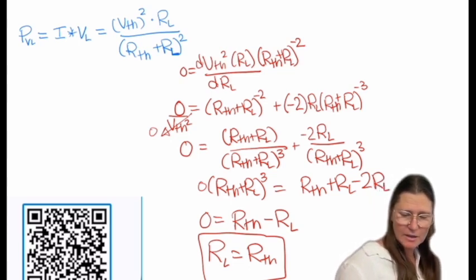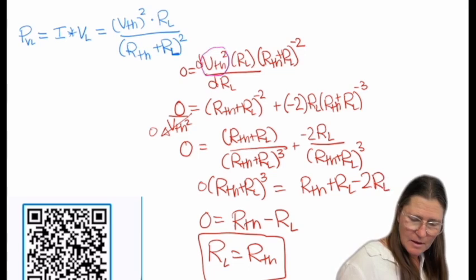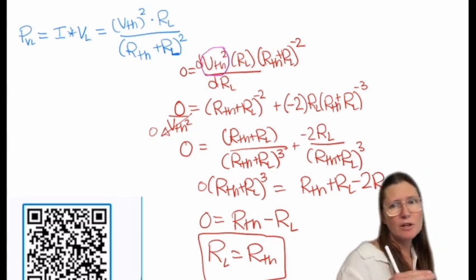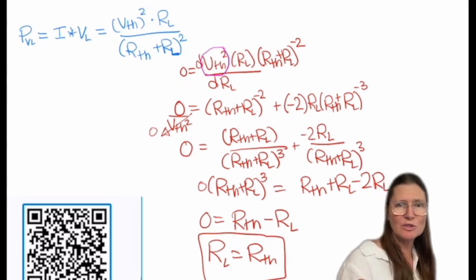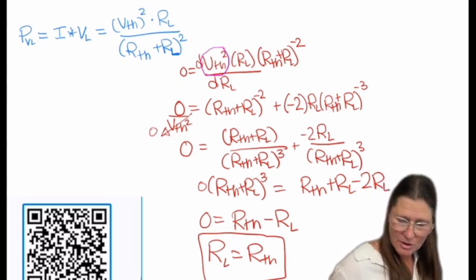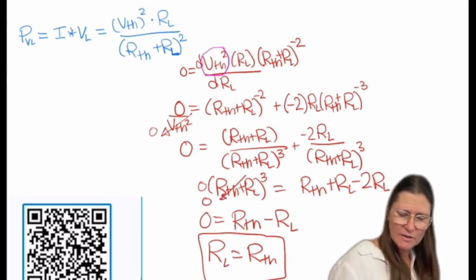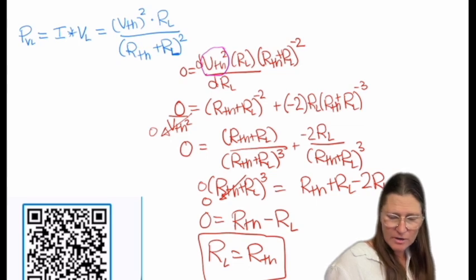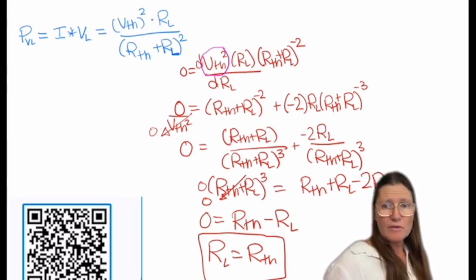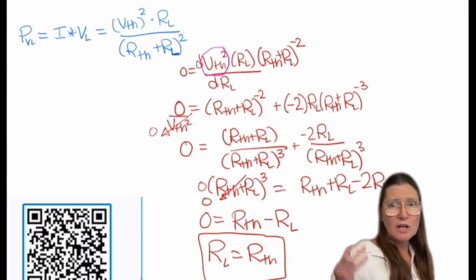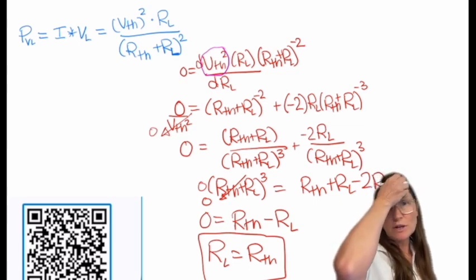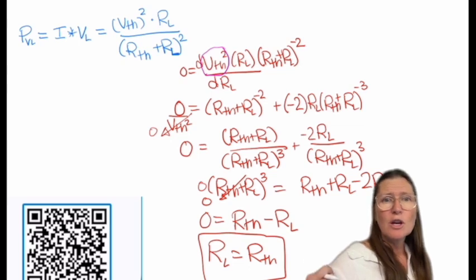I can take the VTH squared and divide it over to the 0 side, which still stays 0. Same thing here, so I get RL, derivative of that is just 1, so 1 times RTH plus RL raised to the minus 2.